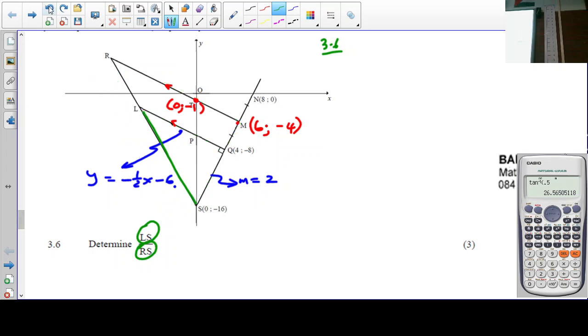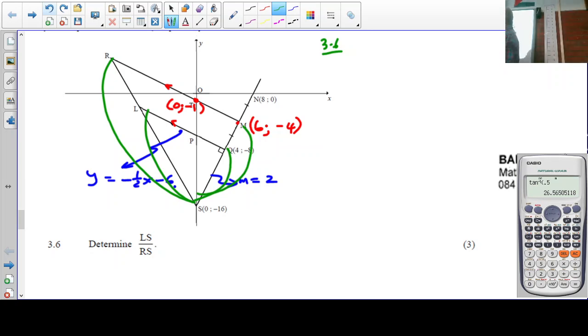So, we know that LS over RS is equal to SQ over SM. I can't work out the length of SL and RL here, or RS here, because I don't have these values here. Not so? So I must use the proportionality theorem.